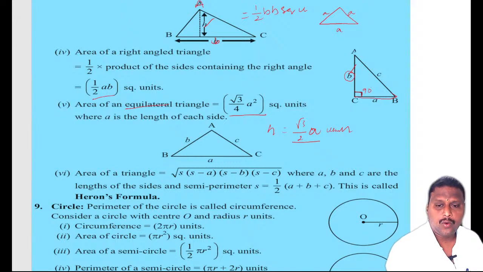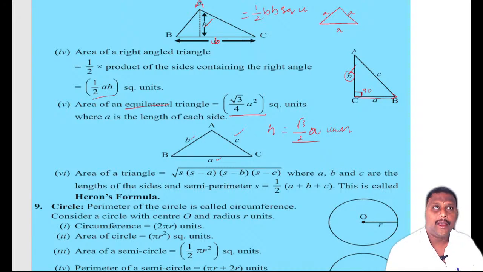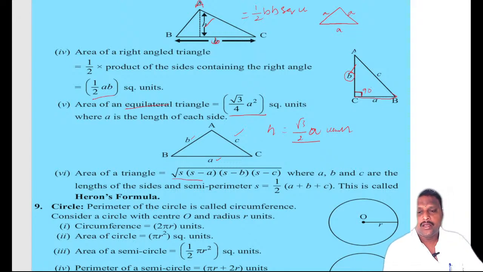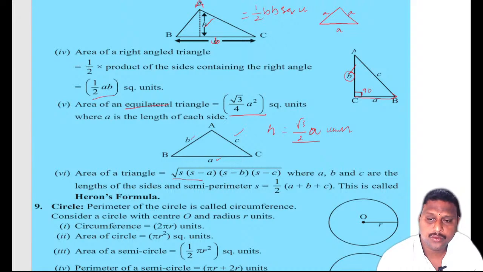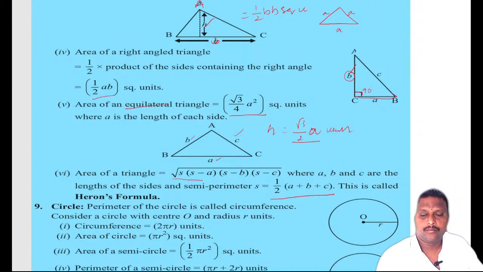Area of a triangle whose sides are A, B, C is given by what is called Heron's formula, that is square root of S into S minus A into S minus B into S minus C. Here S is equal to half of A plus B plus C. When all sides are given, the area of the triangle is equal to this, where A, B and C are the lengths of the sides of a triangle.